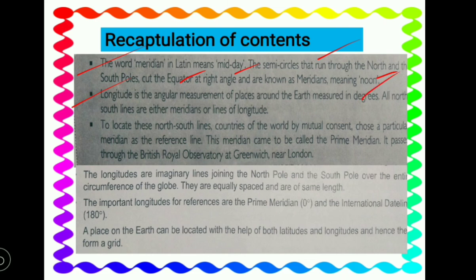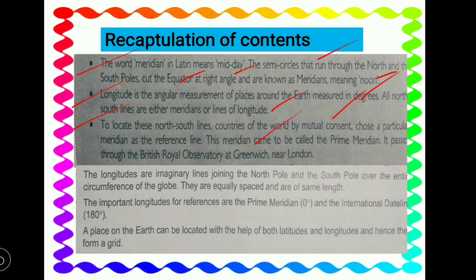All north and south lines are either meridians or lines of longitude. To locate these lines, countries of the world, by mutual consent, choose a particular meridian as their reference line. For example, in India we consider the 82 and a half degree meridian as our standard time meridian, and this came to be called the prime meridian.